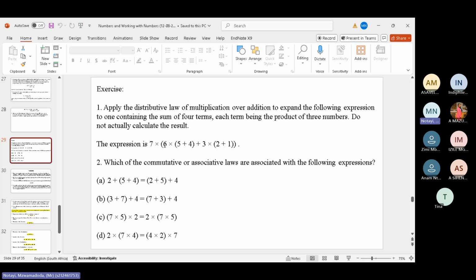But if you have established the 3 numbers of each term, just write them for me, please. Rewrite the 4 terms with the 3 numbers in each of those terms. So we're going back to the chat section to write those terms.